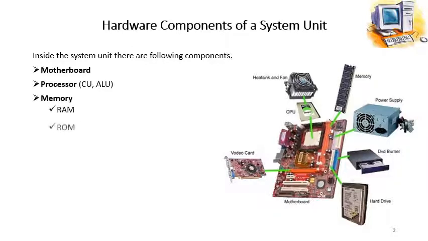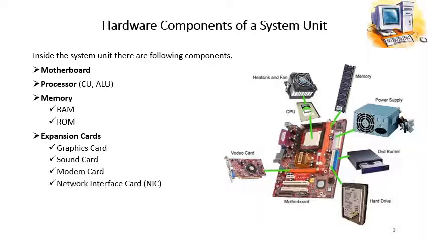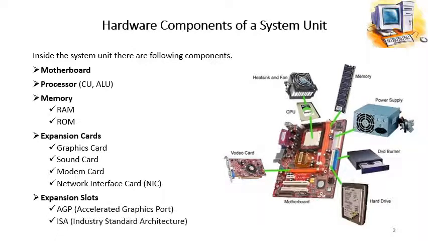Then we talked about the memory and the types of memory, RAM and ROM. Then in today's lesson we will talk about the expansion cards and the expansion slots, which are also the hardware components inside the system unit.